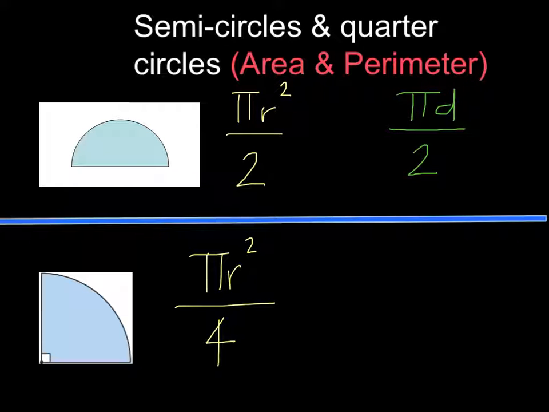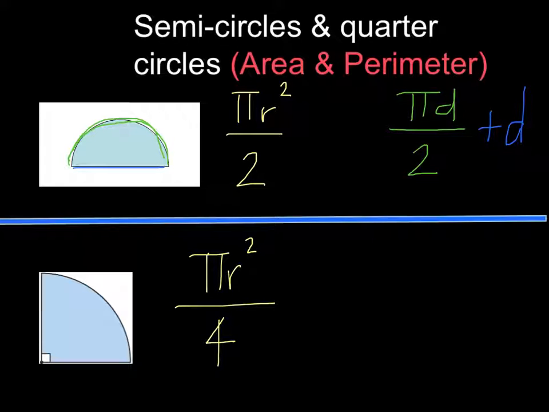But if you look at the semicircle, half is only going to give you the perimeter around the curved edge, or what we would have called the circumference. So it's half the circumference. You need to make sure that you add on the bit down here. So it's pi times the diameter divided by 2, and at the end you're going to need to add on the diameter.